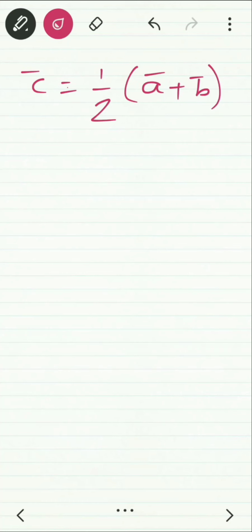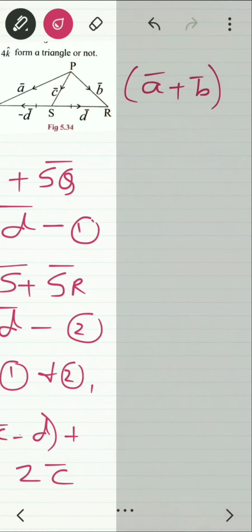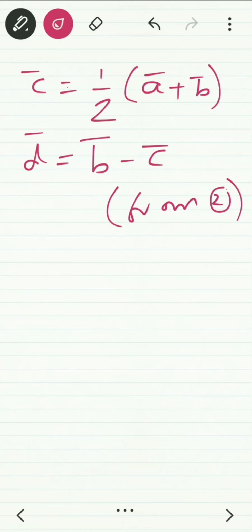Now from equation 2, B bar is equal to C bar plus D bar. Now that we have expressed C bar in terms of A and B, we will also express D bar in terms of A and B. So D bar is equal to B bar minus C bar. We could have taken any equation, 1 or 2, but 2 was easier.